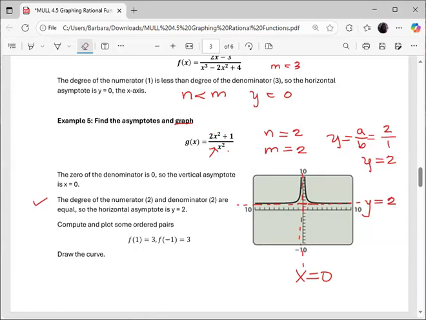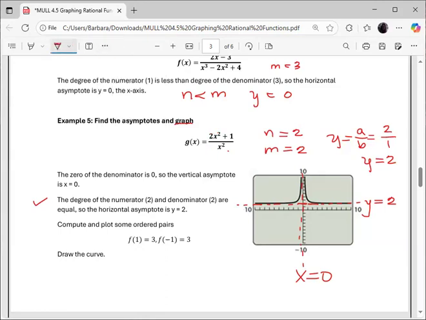When you plug those into your original equation, we get f of 1 equals 3, f of -1 equals also 3. So f of 1 is 3, so that's about right here and right here.